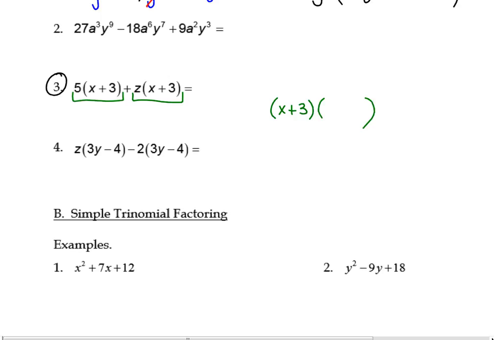And so if I divide each of these by x plus 3, what's left over? 5 plus, this is gone, 5 plus z. That's it. So that's a binomial GCF. They both had x plus 3 in common. There's a binomial GCF there that we factored out.